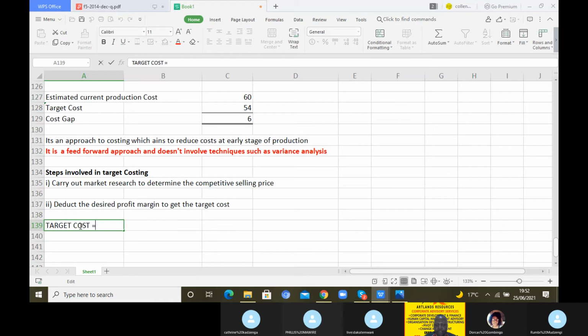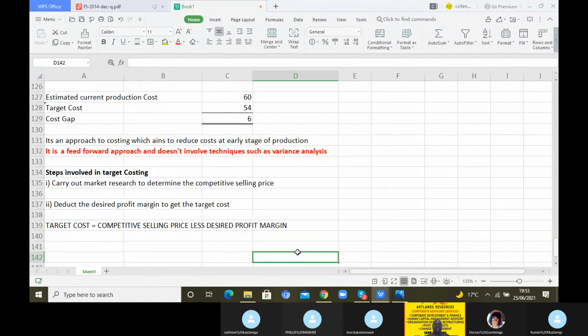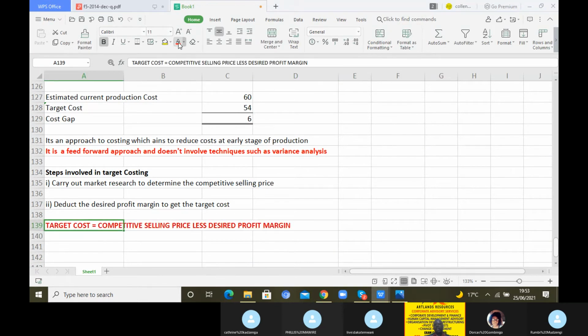Target cost equals competitive selling price, and then you take out the desired profit margin. That's how you calculate the target cost. After you come up with the selling price in step 1, deduct the desired profit margin from it. You now have the target cost.